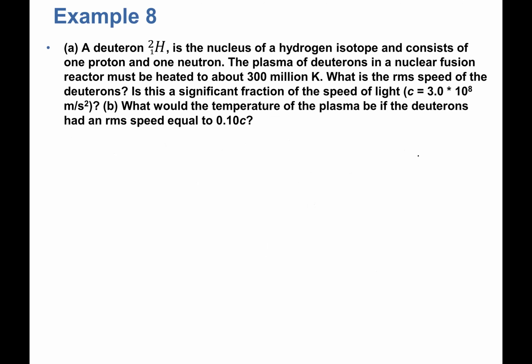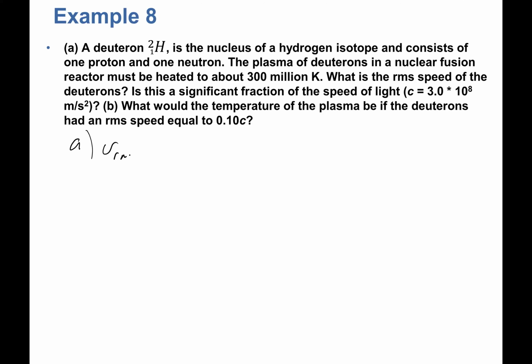What is the RMS speed of the deuterium? Is this a significant fraction of the speed of light, which is 3 times 10 to the 8 meters per second? And what would the temperature of the plasma be if the deuterium had an RMS speed equal to 0.1 c? All right, so let's look at part A, which is finding the RMS speed.